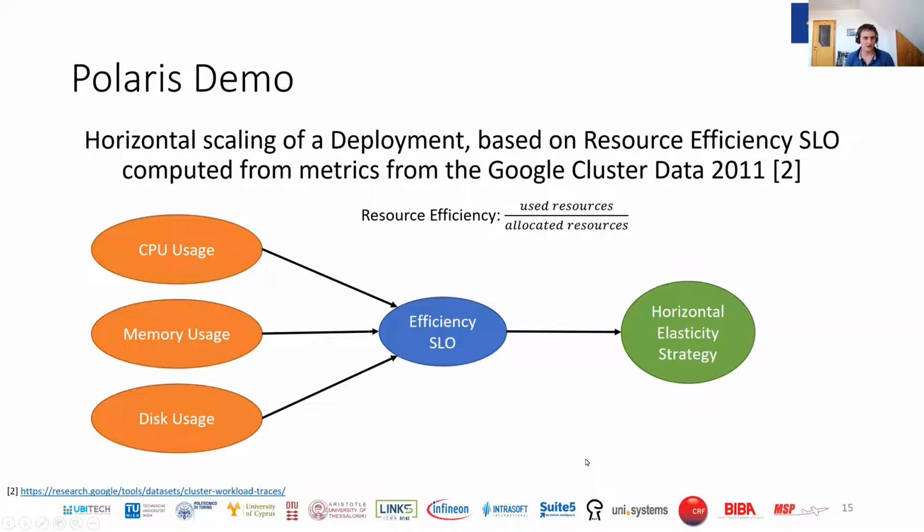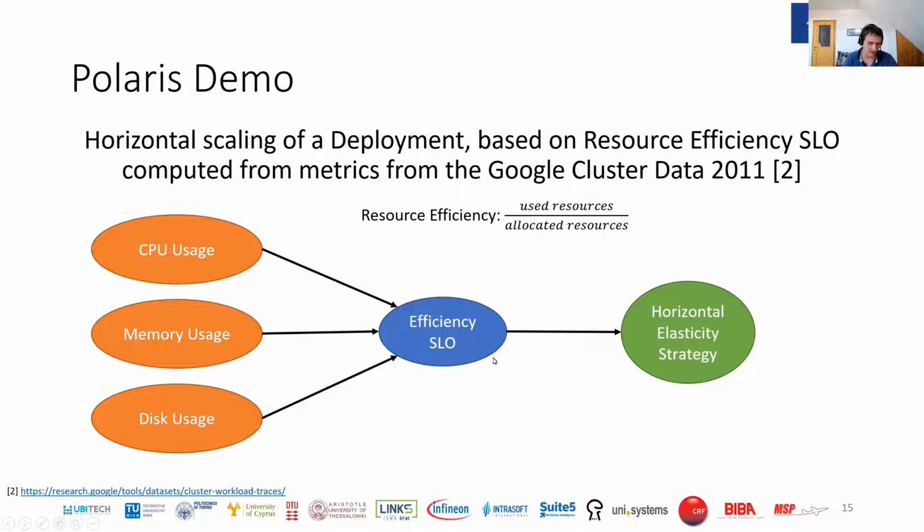So now we're going to show you a little demo about this reactive resource efficiency. We'll have horizontal scaling of a deployment based on a resource efficiency SLO, and the metrics come from a real-world data set. We extract them from Google cluster data sets from 2011.